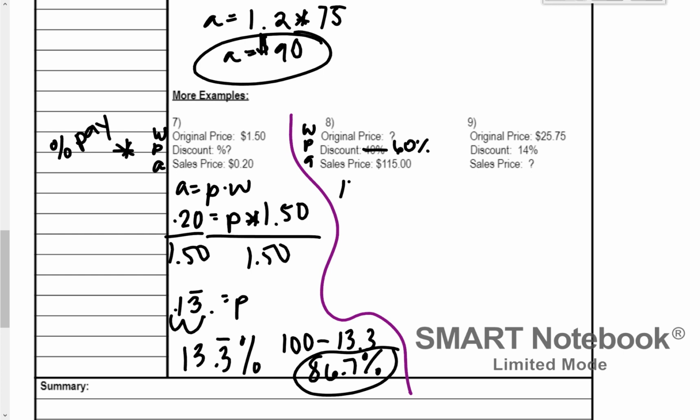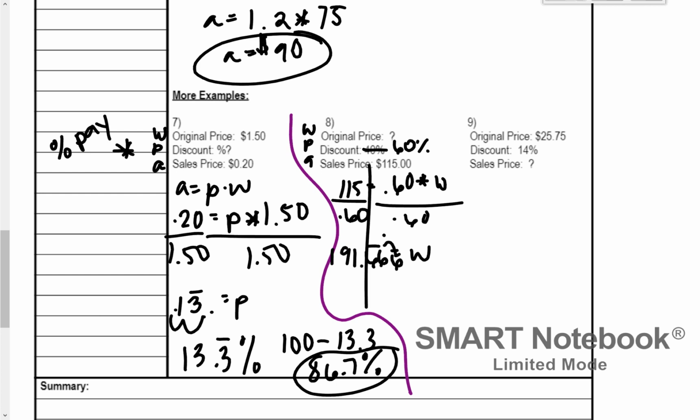So we have 115 equals 0.60 times W. We divide by 0.60 to get that original price. We get 191.6 repeating. We have to make that into a dollar amount. So this would be a 6, which would make this one a 7. $191.67.